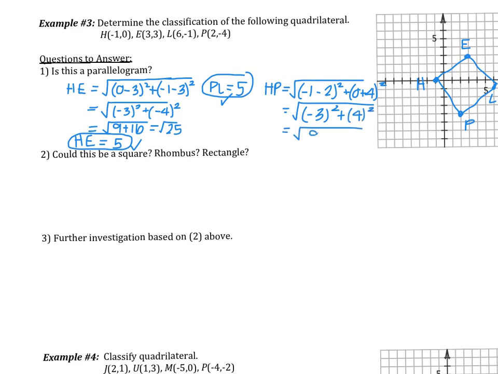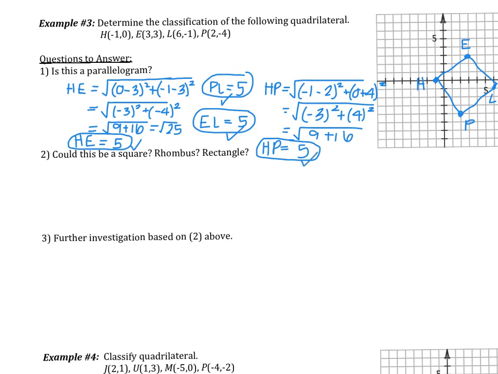Again, you get square root of 9 plus 16, which is square root of 25. So HP is also 5. Then the last side is EL. I'm going to use my calculator function for that, and I actually find that it's 5 as well.